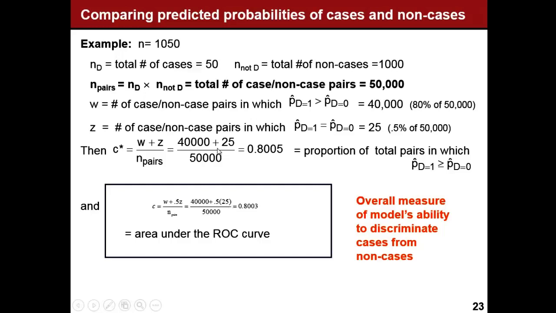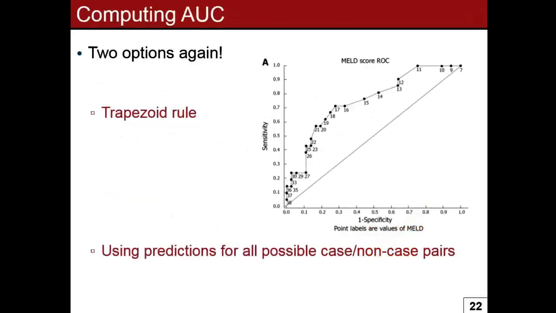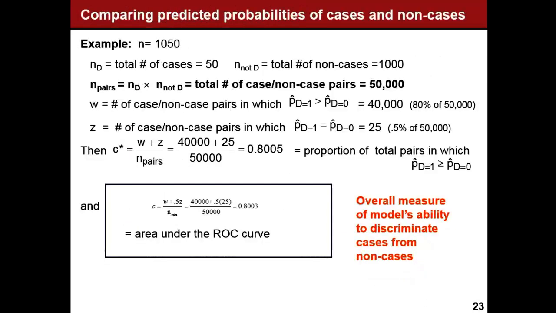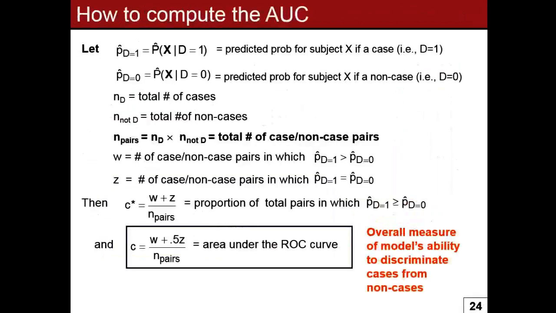And then it splits 25 ties, and then it comes up with an area of 0.8. So this heuristically makes sense, as it's evaluating the discriminatory ability of the model. It actually always comes out exactly to the area under the curve. There's just a little bit of magic here, where it perfectly is the area under the ROC curve. This formula solves for something called C, which is what the C statistic is.